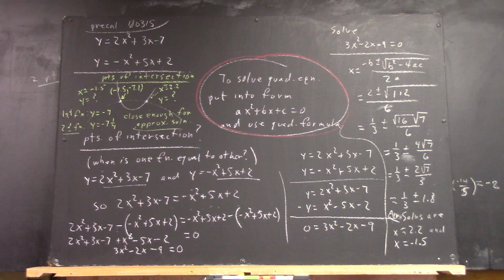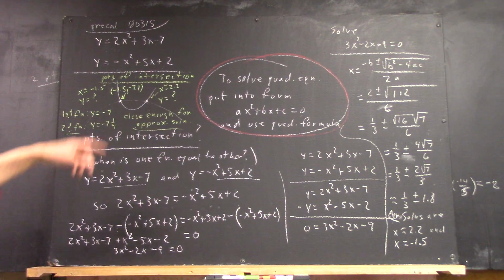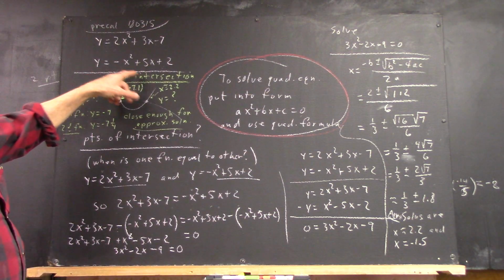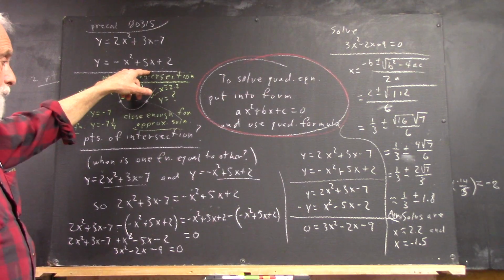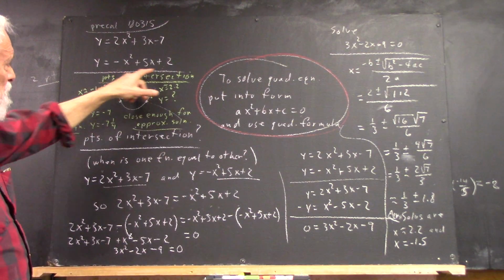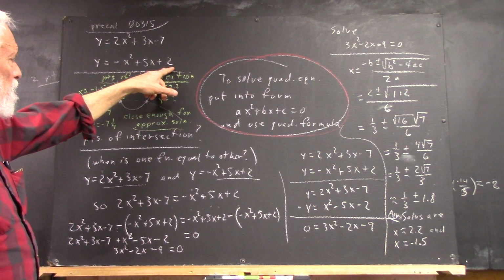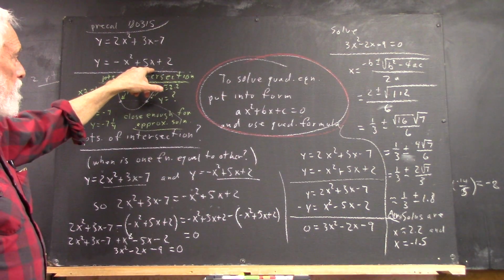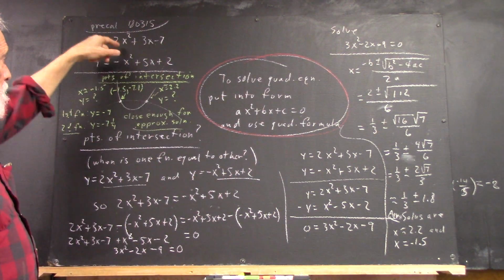Let's see, you're going to get like negative 4, negative 2, and 11. You're going to get about, oh geez, I'm getting like 9. It comes out a lot bigger than it should.